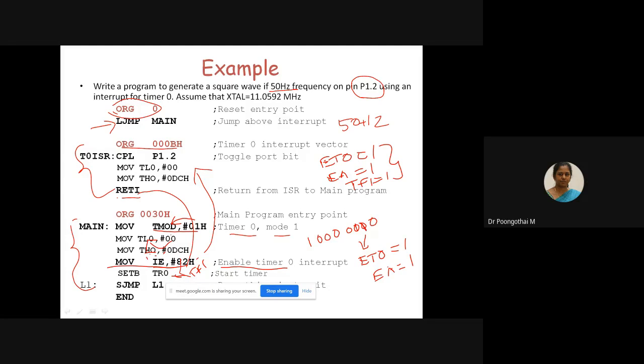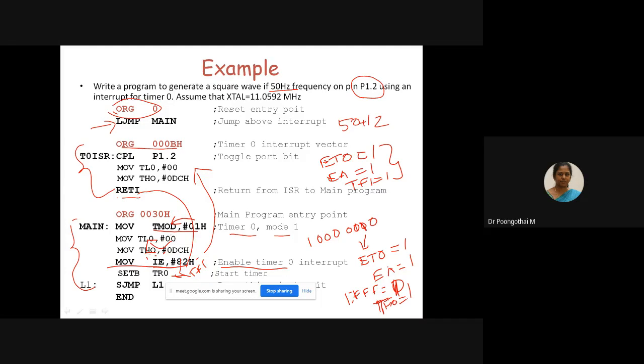The initial value is already loaded, your timer starts counting the clock pulses. After reaching the maximum value, your overflow flag TF0 is set to 1. At that time your interrupt will be triggered.